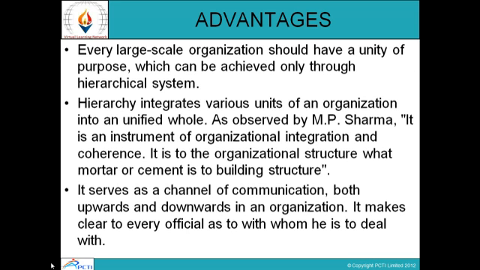Hierarchy integrates the various units of the organization into a unified whole. That is bringing out the proper work of your organization, the proper hierarchy, the proper units. It is an instrument of organizational integrity and cohesion, bringing out proper integration and cohesion.